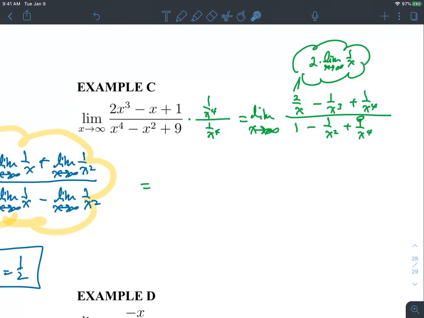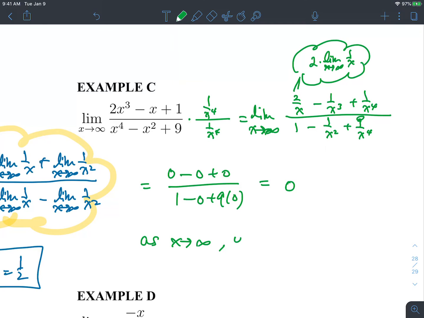But I want you to write that out. Because 0 minus 0 plus 0 divided by 1 minus 0 plus 9 times 0 gives you 0 over 1, which is 0. So what that means is that as x goes to positive infinity, y goes to 0. So this particular graph is approaching 0 as it moves to the right, along the positive x-axis.